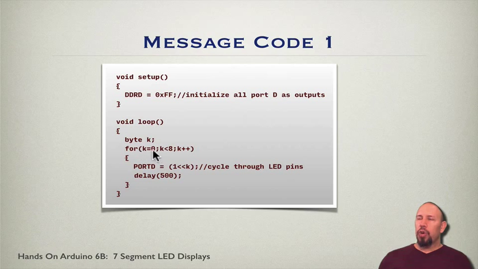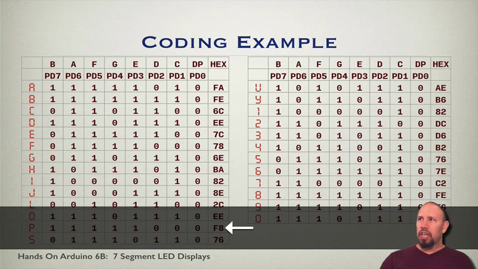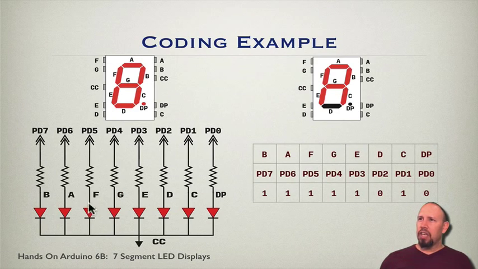Then we're going to go through and light up all the LED segments one by one. We're going to shift a 1 into whatever value K is, so we cycle through the LED pins, and then we can identify what pin corresponds to which LED segment. Back over here, when we had the wiring, how did I know that the DP, if we connected it to pin 0 and so forth, how would we actually find this out?